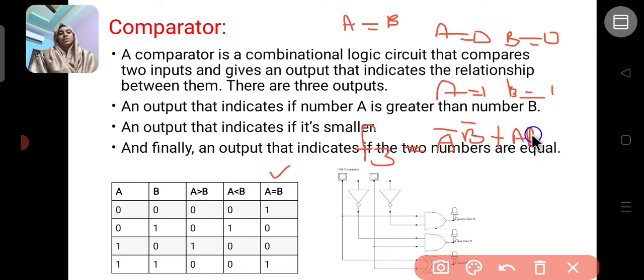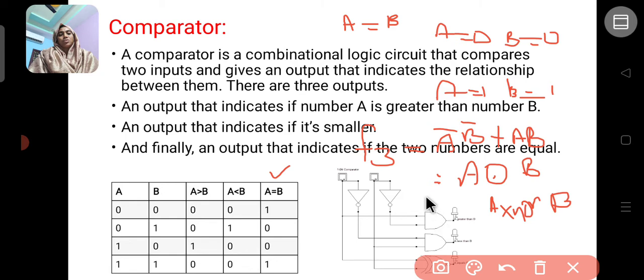So this is the third condition, if A is equivalent to B. We can write this equation as A XNOR B. This is the symbol of XNOR, a dot circle. So A XNOR B. This is the third condition.